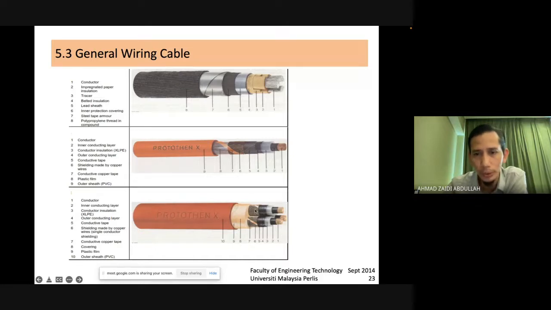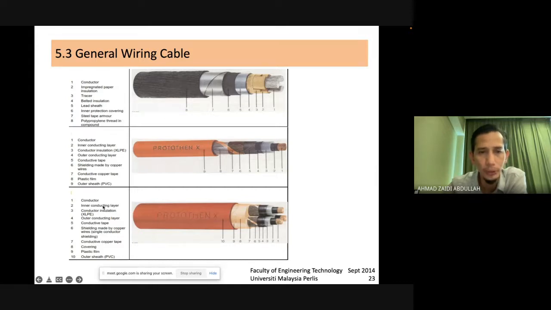This one, this multi-core SLPE is normally used but that one is too expensive because if you can see from this spec, it have a lot of layer, including of banyak insulator lah. Kalau you tengok kan, ada 10 level.